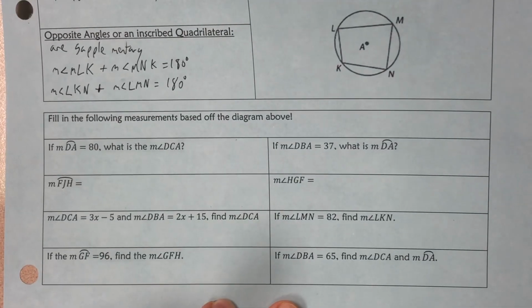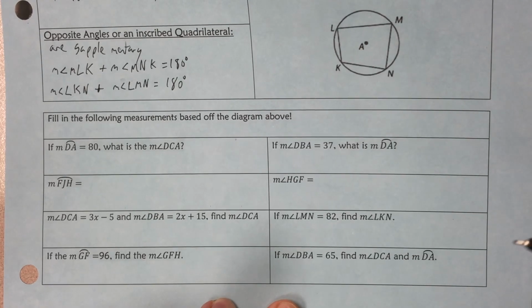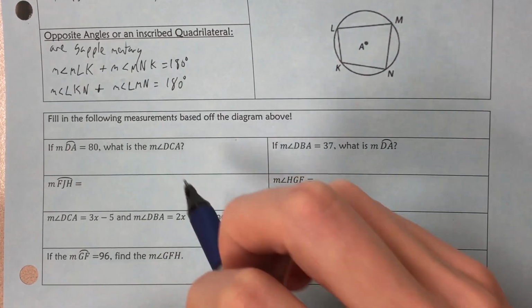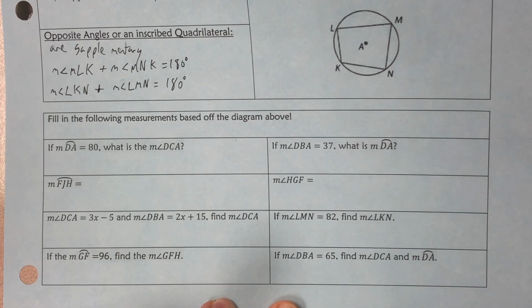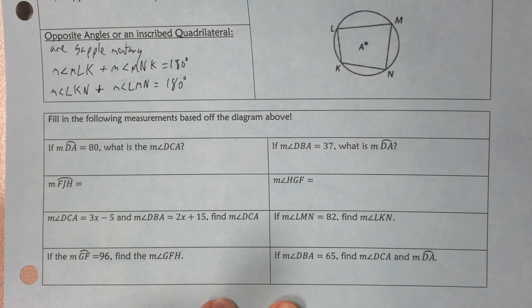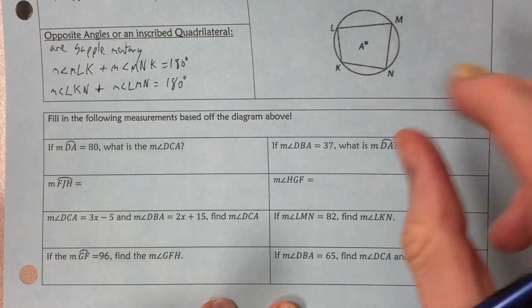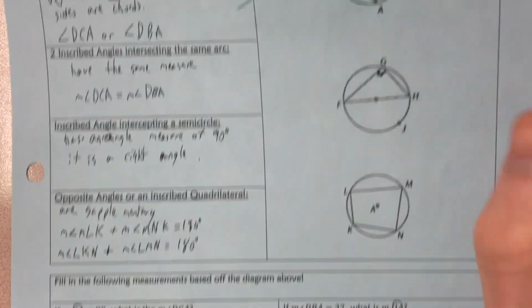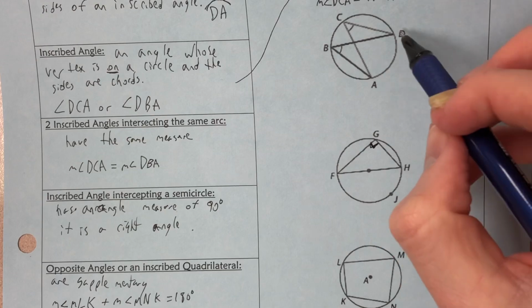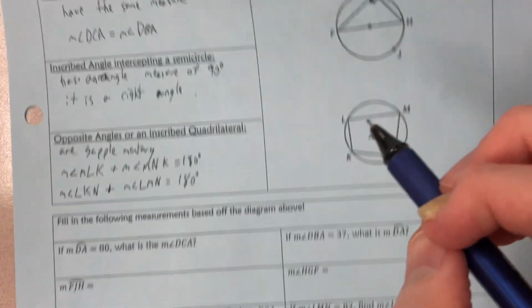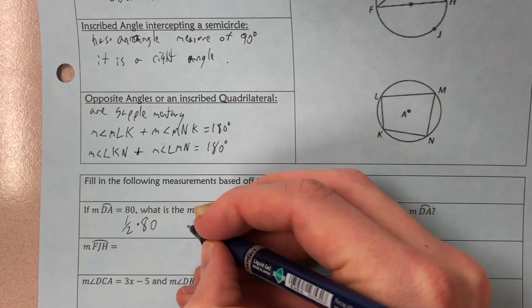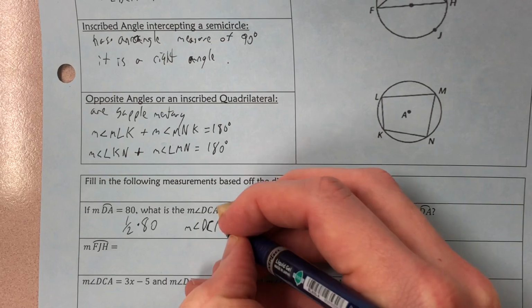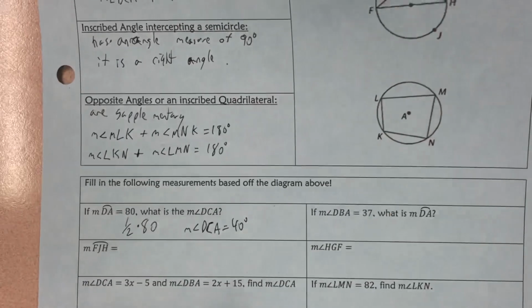I know this will be slightly difficult because it's hard to see both pictures at once, but this first one is talking about our initial picture up at the top, and it says if the measure of arc DA equals 80, what is the measure of angle DCA? Remember that since DA is our intercepted arc, DCA is half of that, so we can do 1/2 times 80, which gives us that the measure of angle DCA equals 40 degrees.